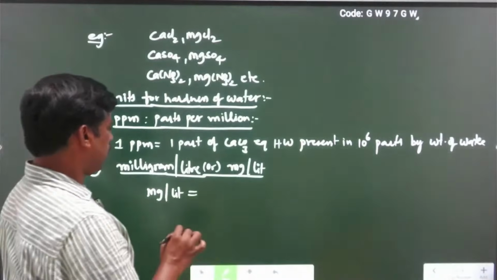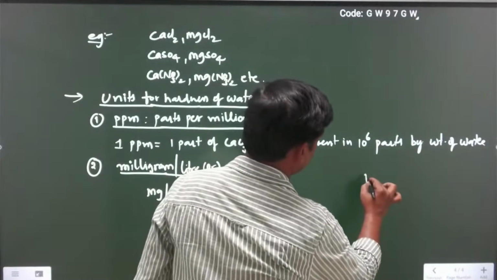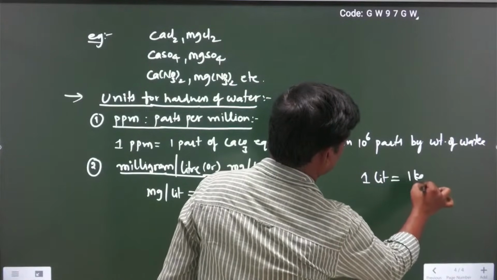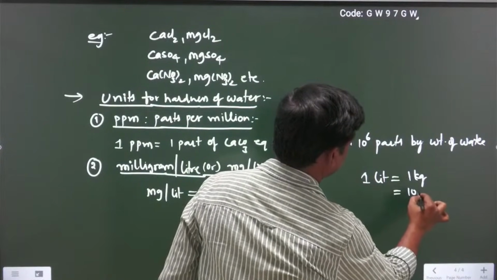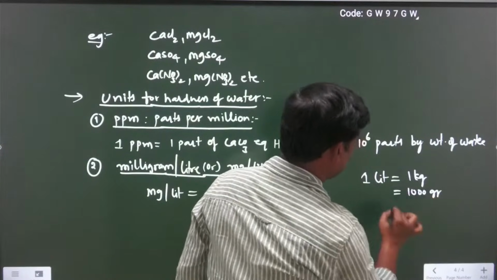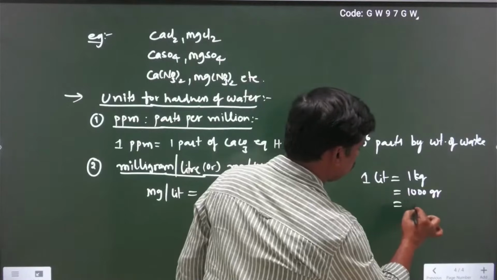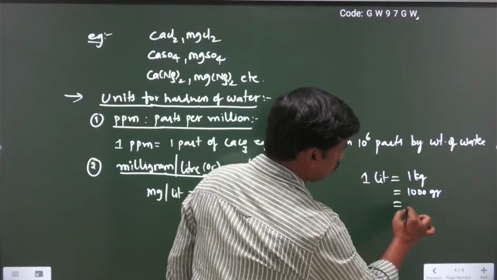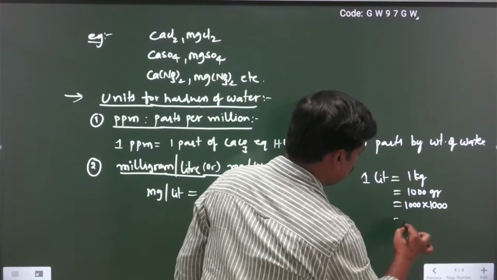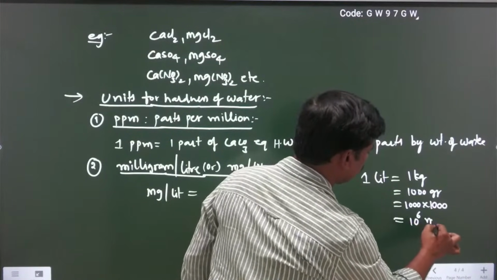Here, 1 liter is equal to, by assumption, 1 kg. 1 kg is equal to 1000 grams. These 1000 grams are converted into milligrams; multiplying again by 1000, we get 10 to the power of 6 milligrams.